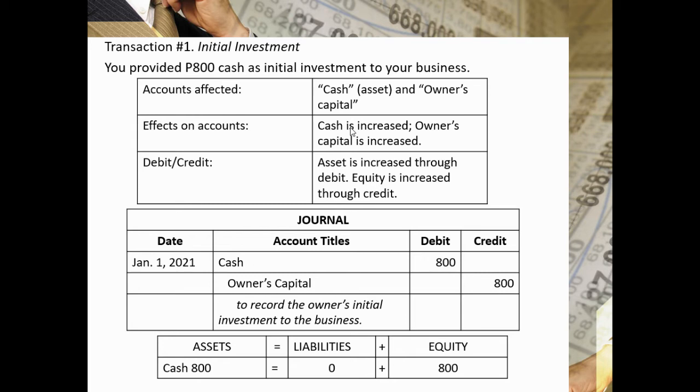Tapos, i-assess mo kung increase siya, debit ba siya or credit, bago ka mag-come up sa journal entry mo. And, i-check mo ngayon kung anong effect niya sa accounting equation. Kasi gaya nga ng na-discuss ko before, kapag hindi balance yung accounting equation mo, there is something wrong.